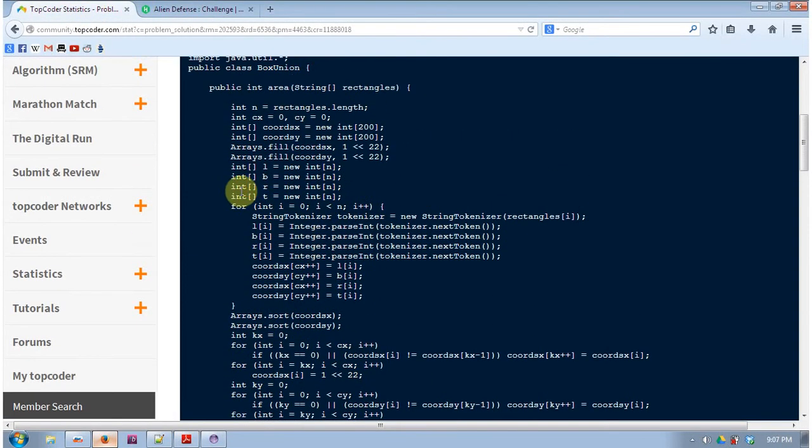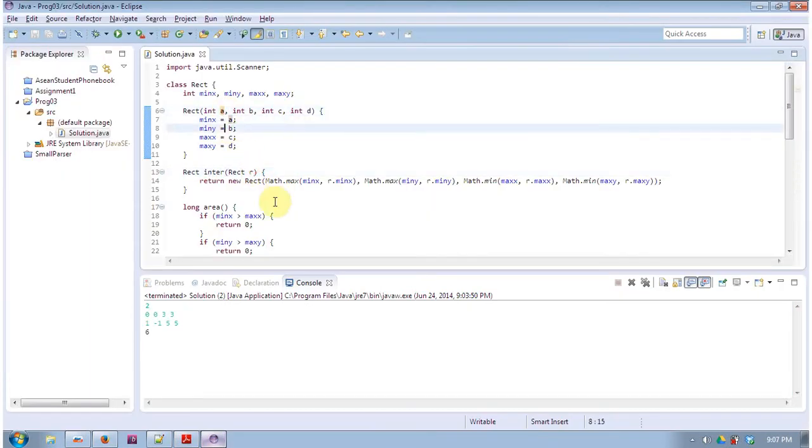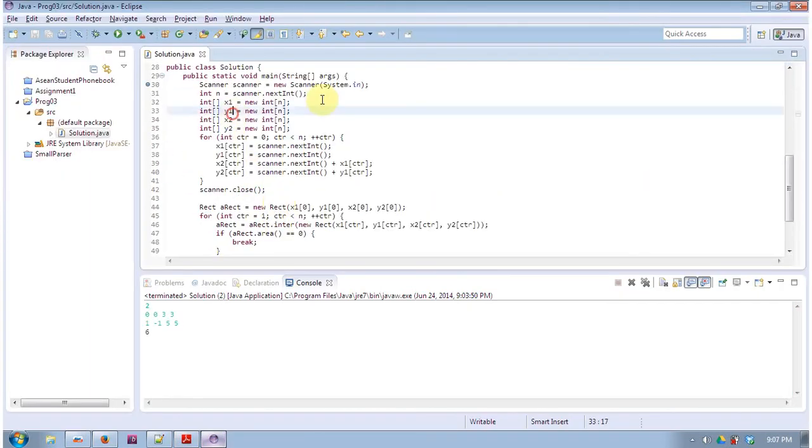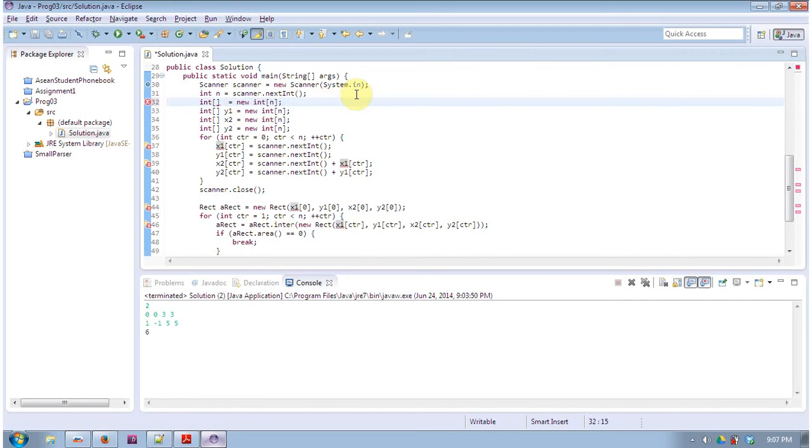So what he used, let's just rename the four arrays x1, y1, x2, y2 to LBRT. So we have L, R, left, right. What do B and T mean?